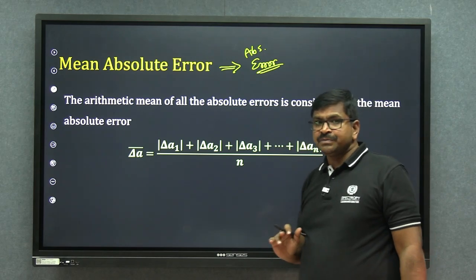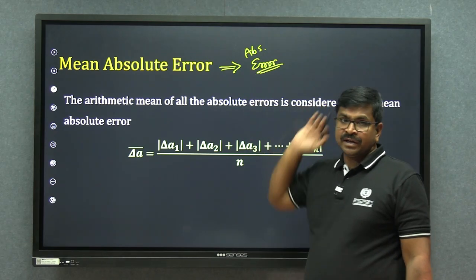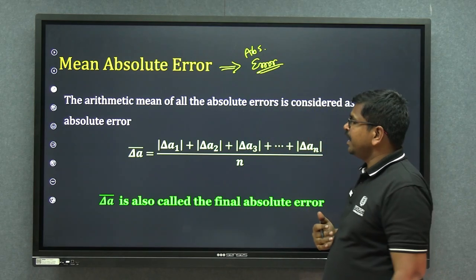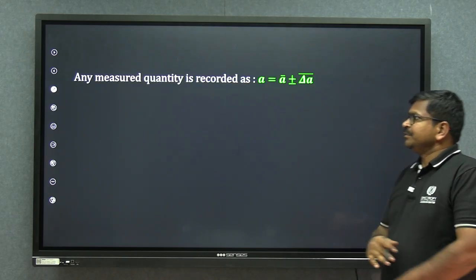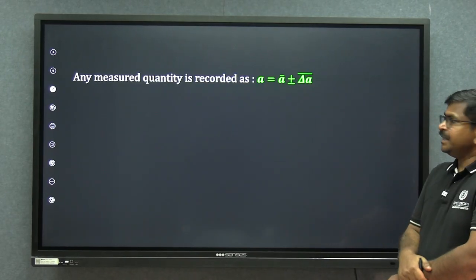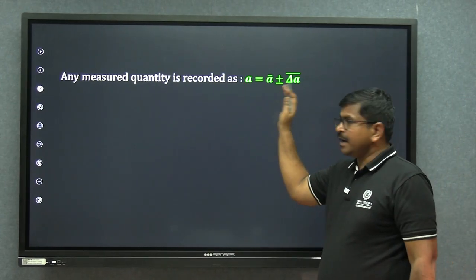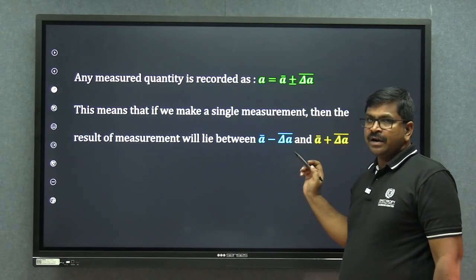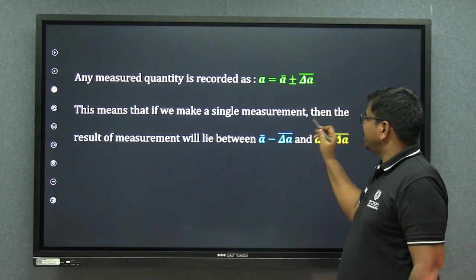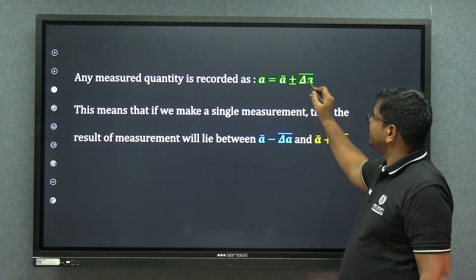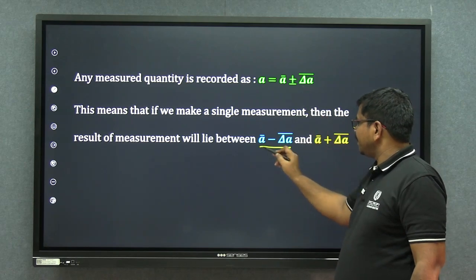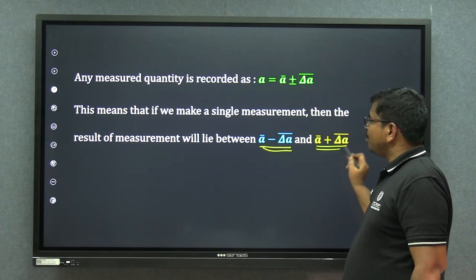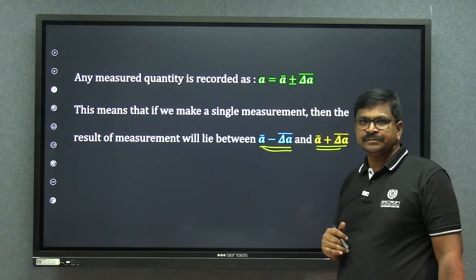So in our three types of error, this is the first one: mean absolute error is absolute error. Now, any measured quantity is recorded in this form, and this means that if we make a single measurement, the result of the measurement will be between A minus delta A and A plus delta A only. The range is this one.